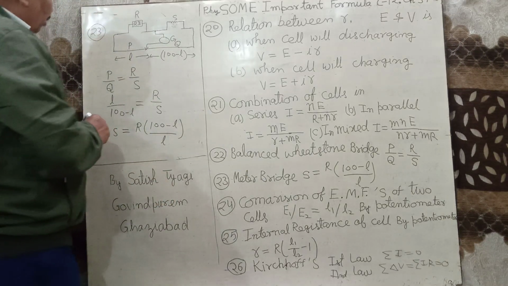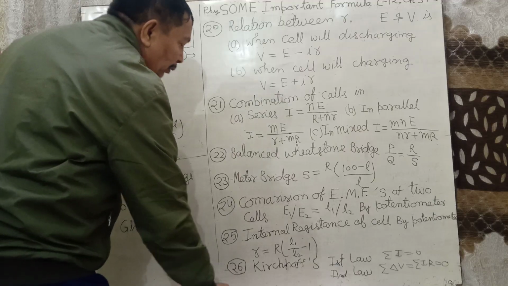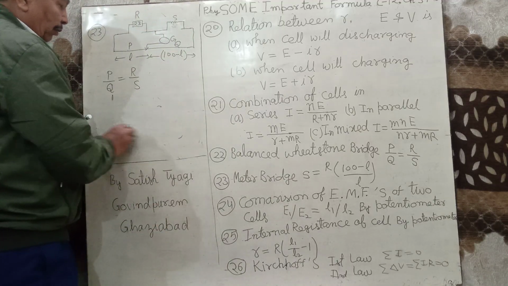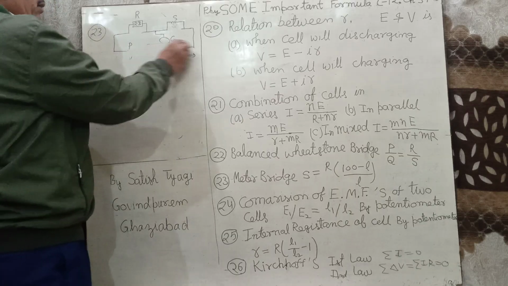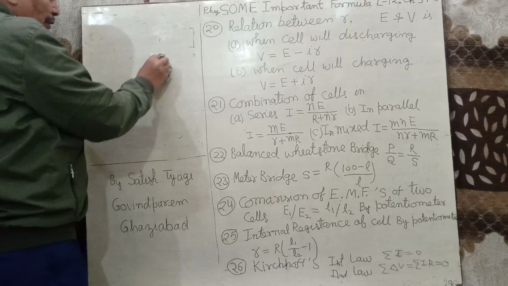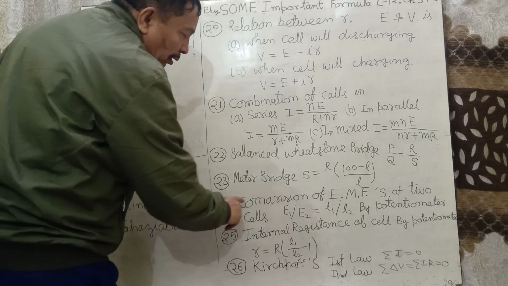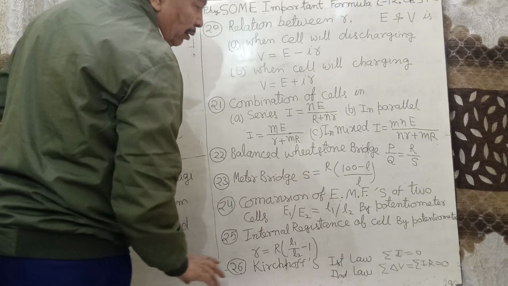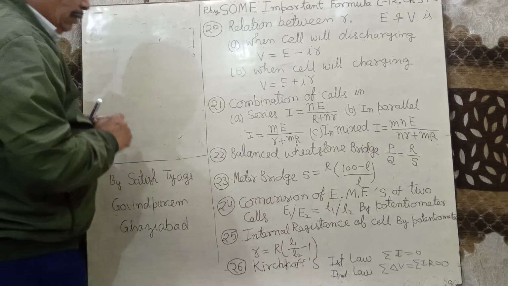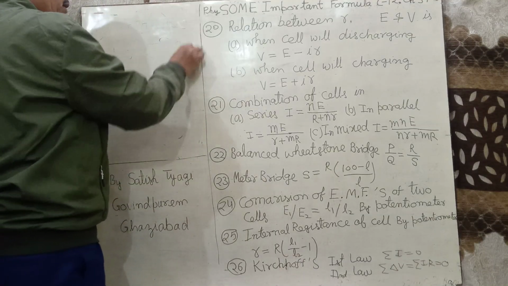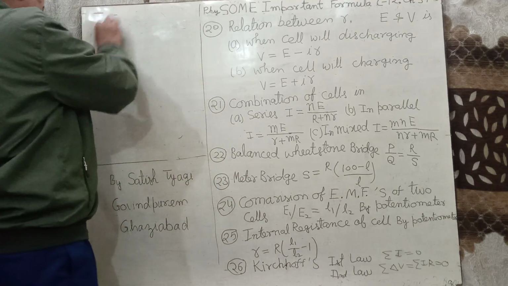Now I am telling you formula number 24. Formula number 24 is comparing the EMF of two cells by the potentiometer.